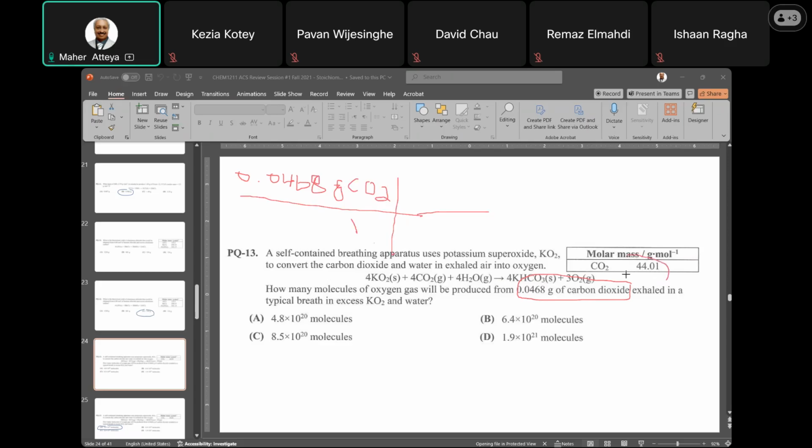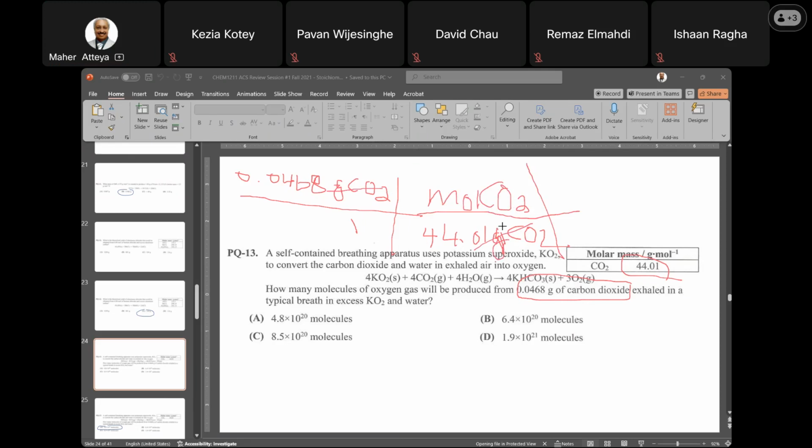The molar mass is 44.01 grams of CO2 per mole of CO2. The grams cancel out, and I have moles of CO2.